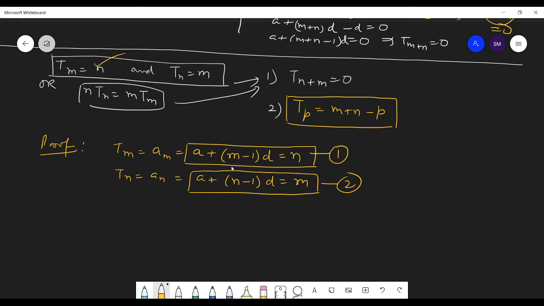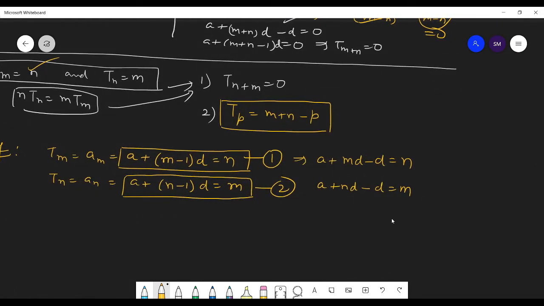In both the equations, let us open this bracket, so a plus md minus d is equals to n, and a plus nd minus d is equals to m, right? So these equations we can further write as, see, a minus d is there in both the equations.